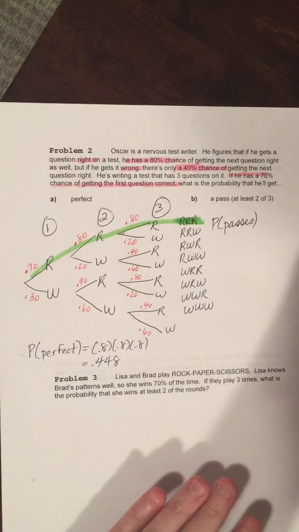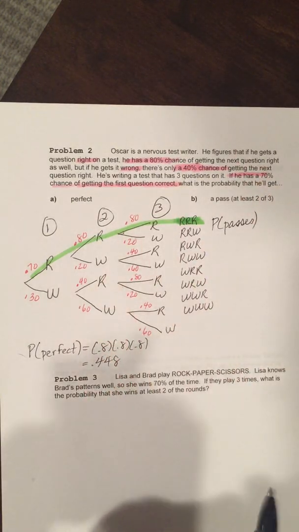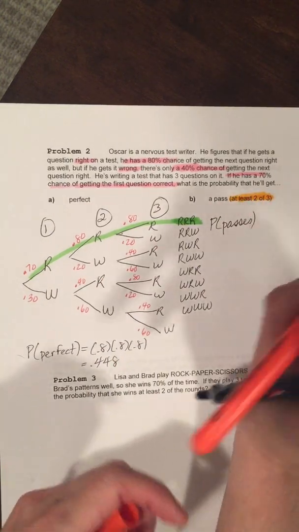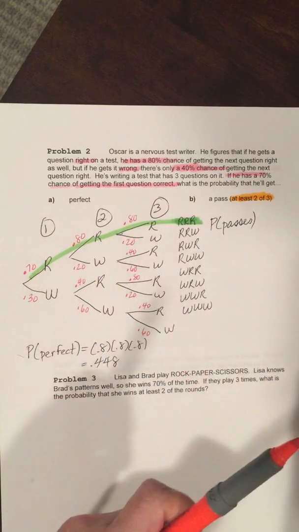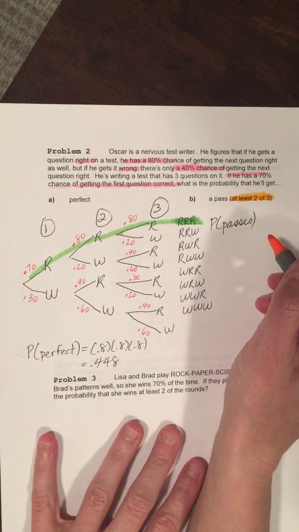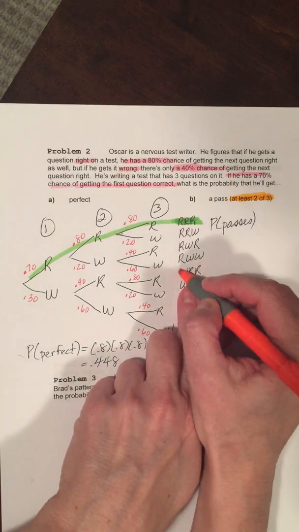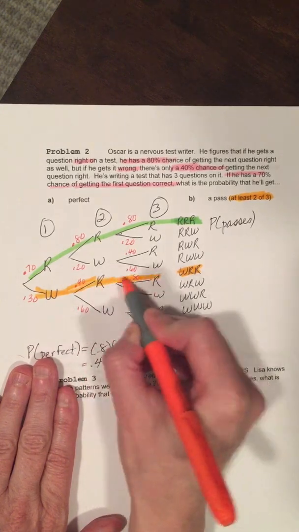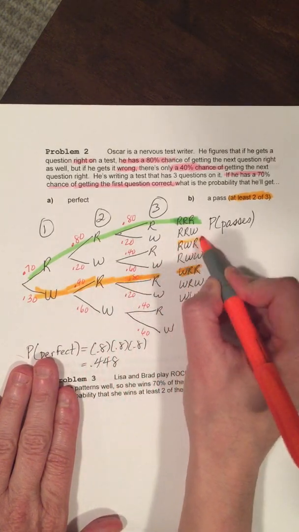They're considering at least 2 out of 3. So that means 2 rights and a wrong, or all 3 rights. Okay, so hold on, I'm looking for 2 rights. Here's one. I'm looking for 2 rights.